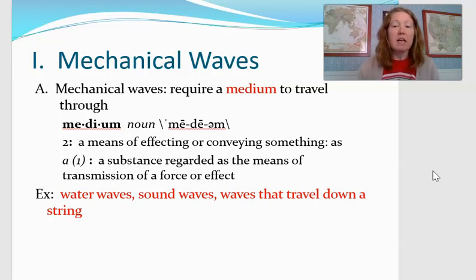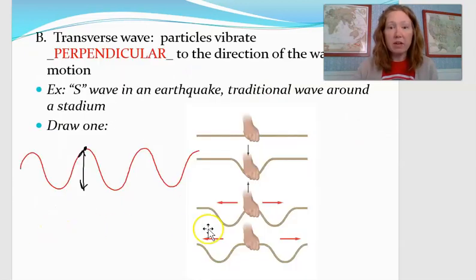All right. So then, the two kinds of waves we're going to demonstrate. In transverse waves, the particles move perpendicular to the way the wave actually travels. This is the kind of wave that you would do at a Badger game.